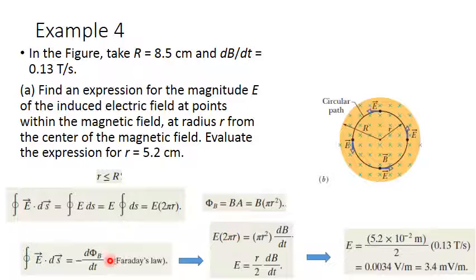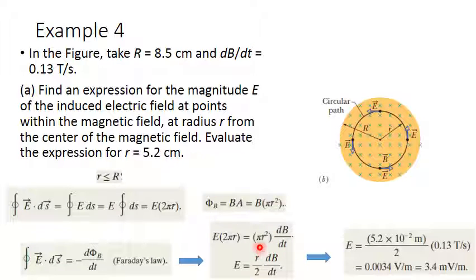Now let us take the integration of E dot ds over the closed loop, E multiplied by 2 pi r, equals minus the rate of change of the magnetic flux with respect to time. So it would be minus partial by partial t of B multiplied by pi r squared. Pi r squared is constant. So partial B by partial t is given as 0.13 Tesla per second.